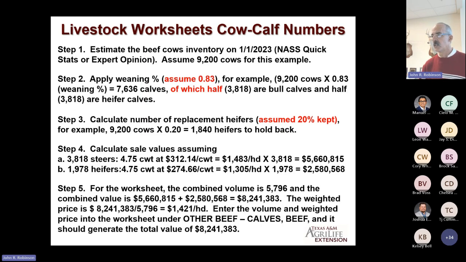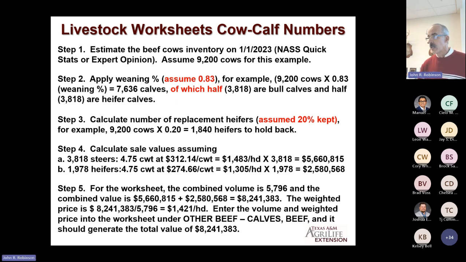I'll dwell on this just a minute. I don't expect anybody to absorb all these calculations. I'm hovering on this so that people can come back to it when they're viewing the recording. But let's say you have 9,200 cows in your county based on that inventory. You need to assume something about the weaning percentage. You need to assume that half of them are bull calves, half of them are heifer calves.